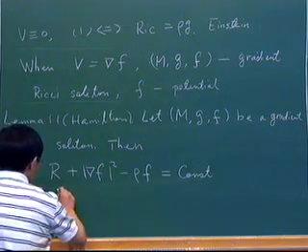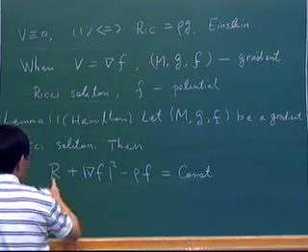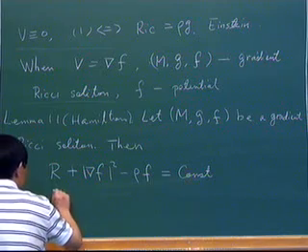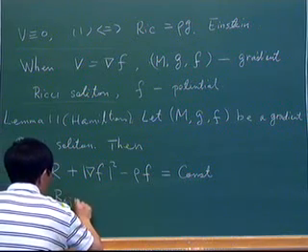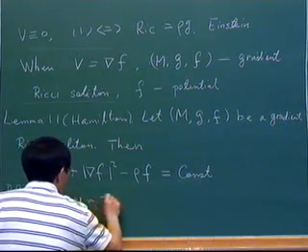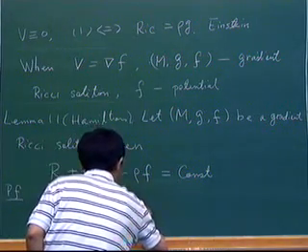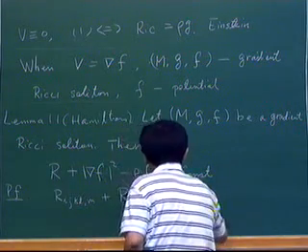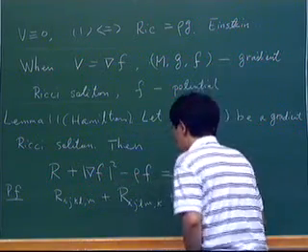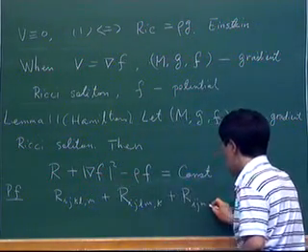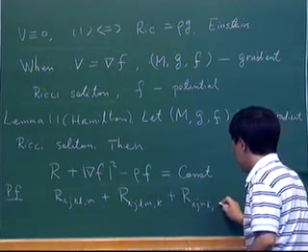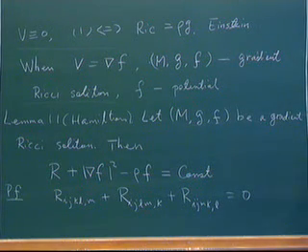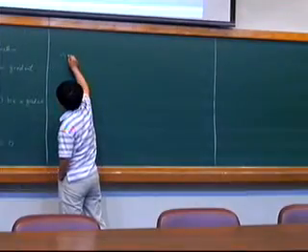From the second Bianchi identity, we have nabla_m R_ijkl plus nabla_k R_ijlm plus nabla_l R_ijmk equals 0. So we just let i equal k.